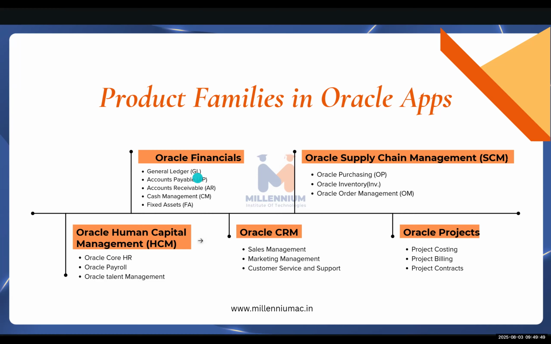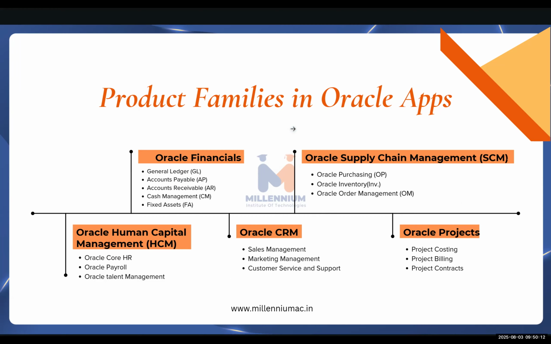Because here the sharing of information is going to happen from each one of the applications. Suppose you want to manufacture, as we have discussed, we are the manufacturers of the laptop. If you want to manufacture the laptop, we need the raw materials.